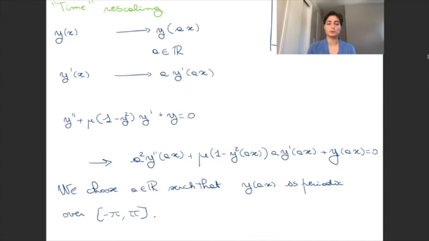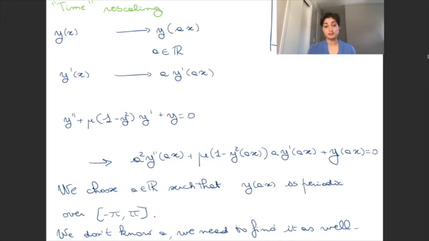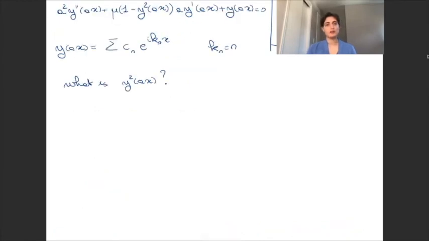We choose a such that y of ax is periodic over minus pi to pi. We don't know a. That means that a has become another of the unknowns that we want to solve for. We know it exists, and that's why we can do this trick, but we don't know it yet.